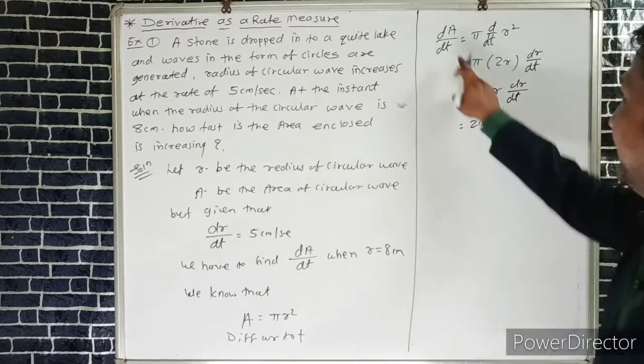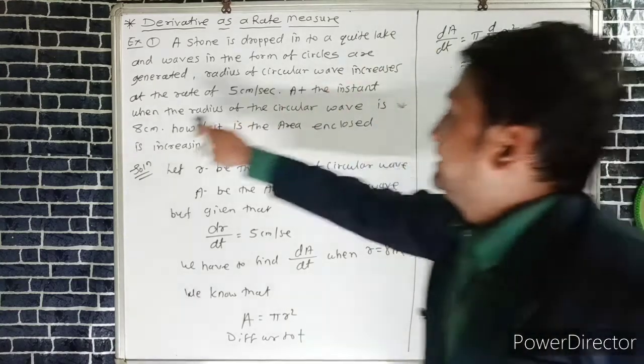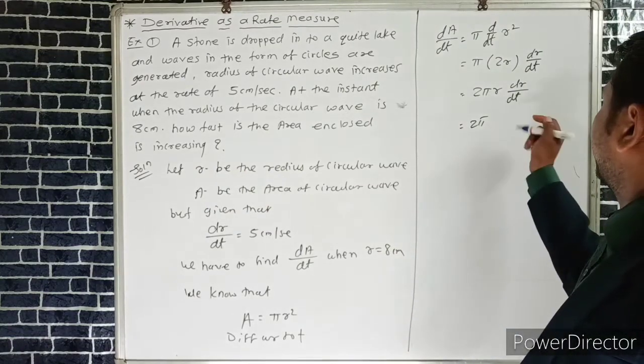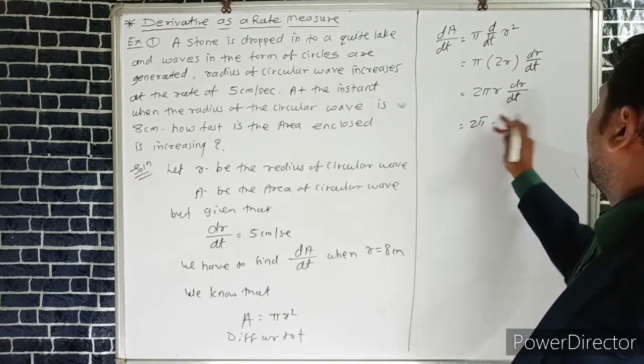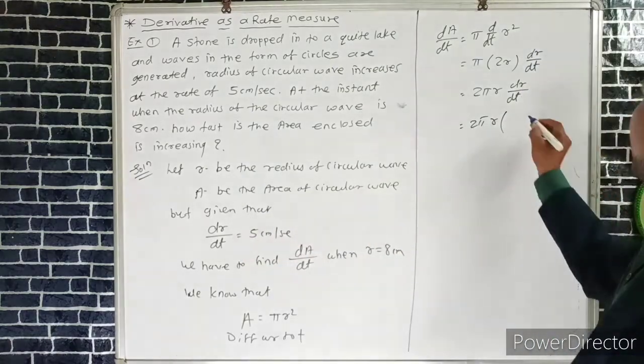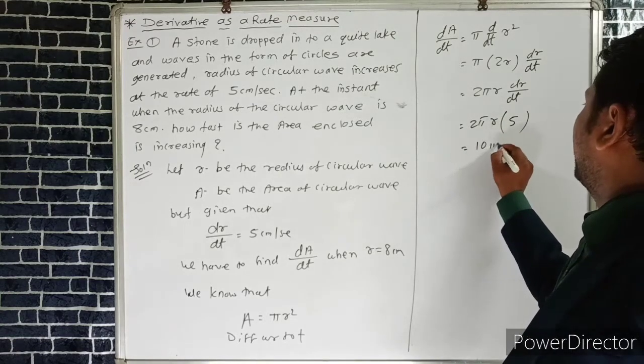We have to find the changing area when the radius is 8 centimeter. So we take 2 pi r dr by dt, and the value of dr by dt is 5. So we can write 5 into 2, 10 pi r.